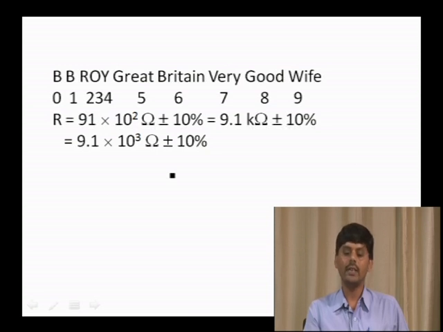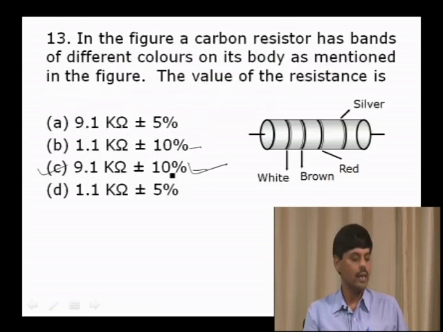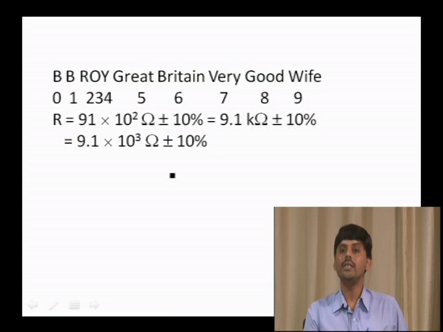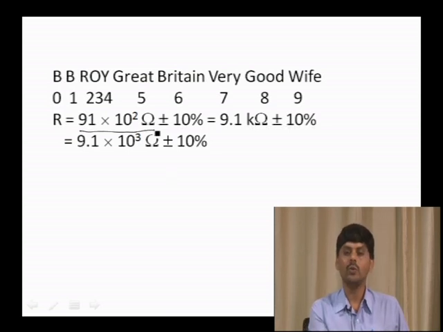Okay, here the first color is white, white has the 9, therefore I am taking 9, the first significant digit. The second color is brown, so brown is taken as 1, the second digit, that is 91, over. Followed by the third band, which is red, red means the value is 2, therefore 10 power 2.